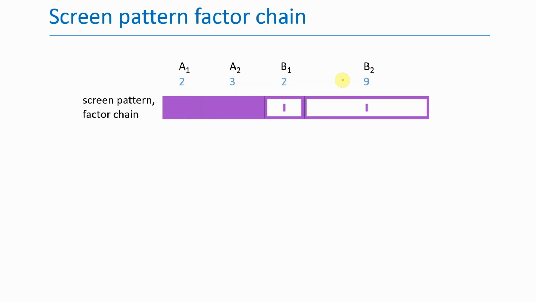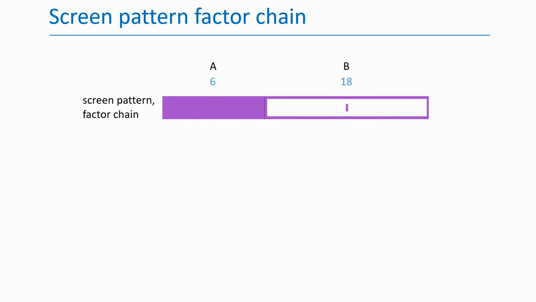Factors B1 and B2 are both singular, so they can also be merged. And this yields a chain with just two factors, A, plenary, size 6, and B, singular, size 18. In this particular case, the splitting and merging has brought us back to where we started, so it may seem like a lot of trouble for nothing. But this is not always so.